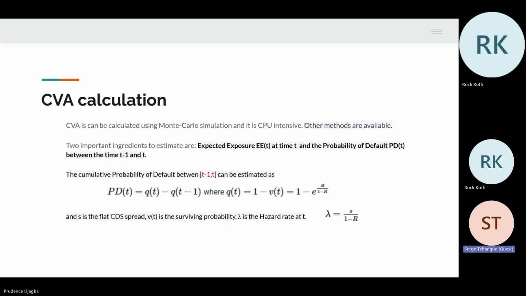So usually they use the sector of the company. They use the country or the region. They use the sector. Yeah. And they use the type of business, the sector, the region, and the rating of that company to estimate.